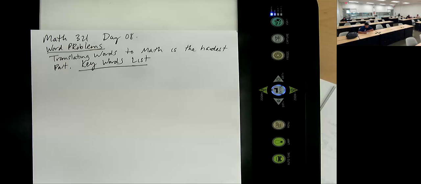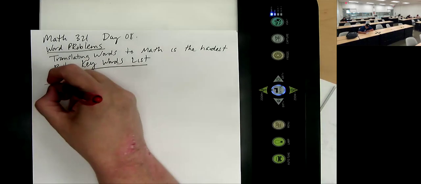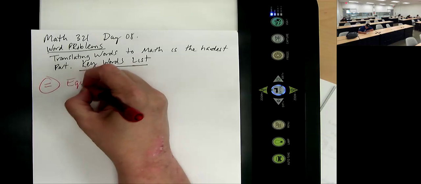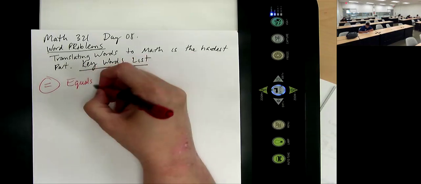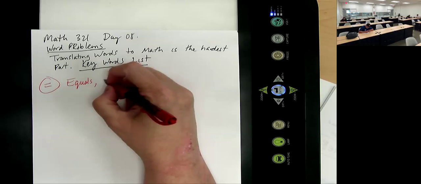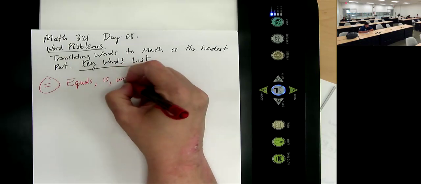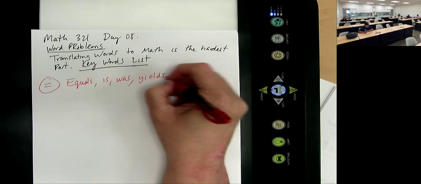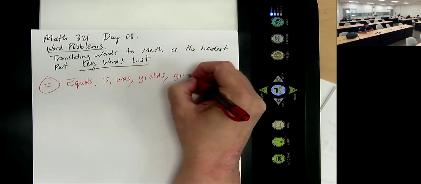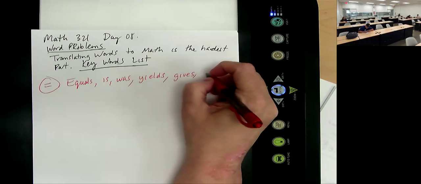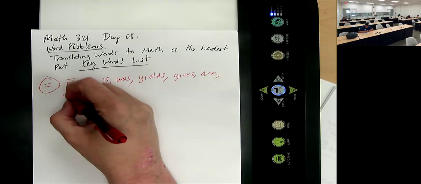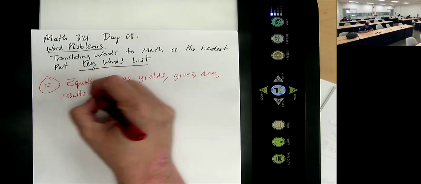Let's start off with the equal sign. Well, equal is obviously one of them. But think of words like is, was, yields, gives, are, results in.